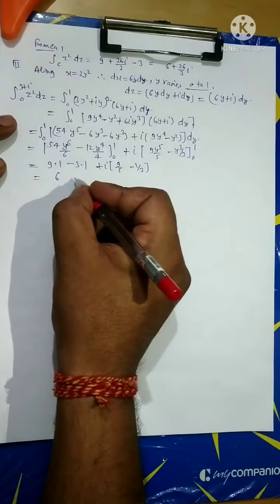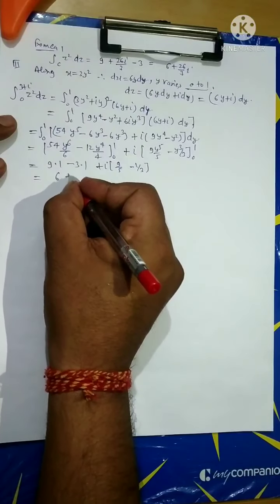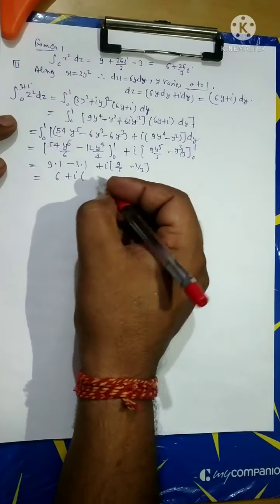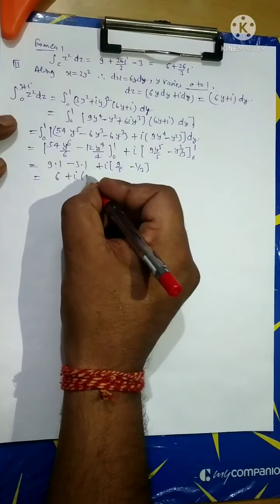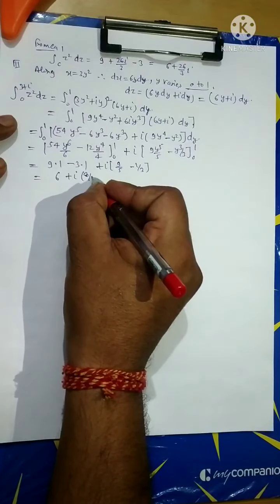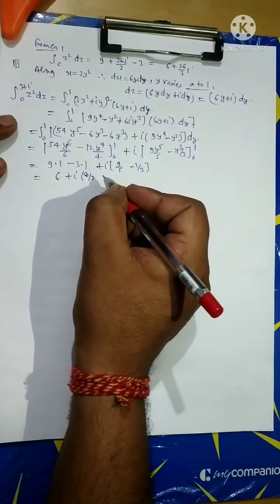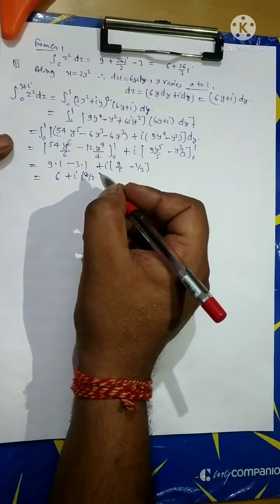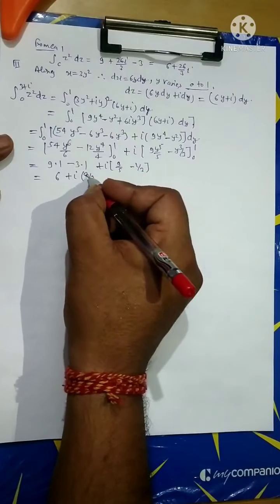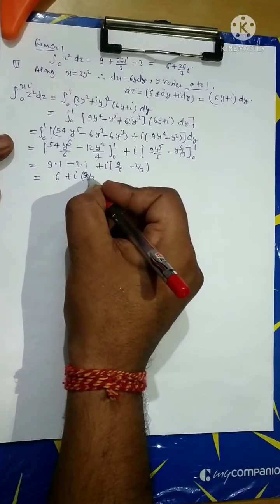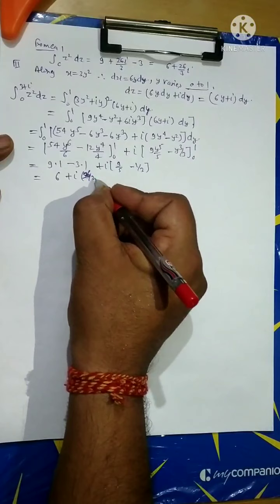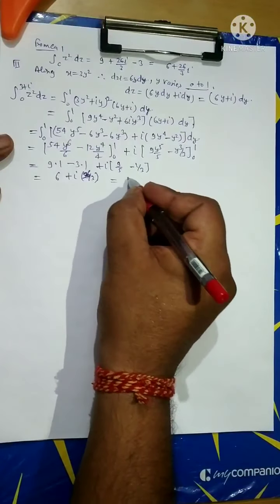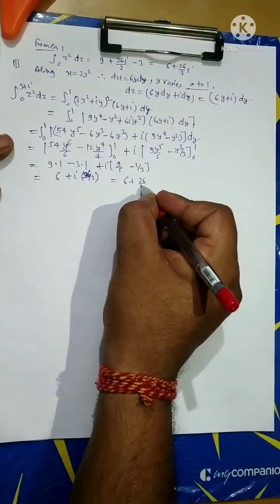This is equal to 6 plus i times 26 upon 3. That is 6 plus 26 upon 3 i.